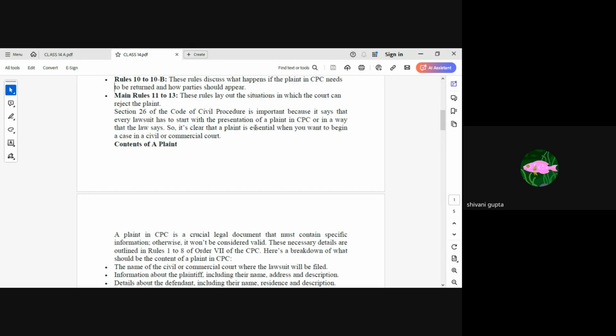As per these things under rules 11 to 13, plaints are rejected, and most of the time the plaint is rejected because it's not appropriately prepared. That is the main reason.